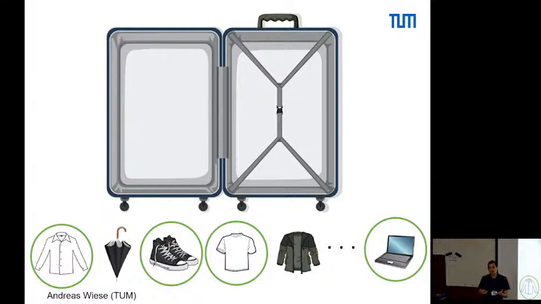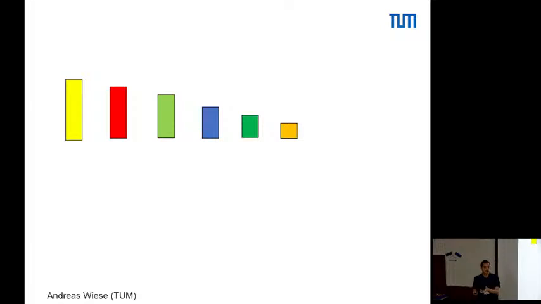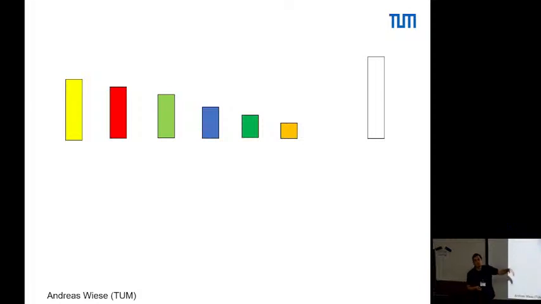So how can you model this problem formally, mathematically? Well, one very simple model is to say, let me introduce a one-dimensional item for every item that you could take with you on your trip. The heights of these bars here denote the sizes of these items. And let me introduce a one-dimensional container there on the right, where the size of this container corresponds to the capacity of your suitcase, for example, the volume of your suitcase.